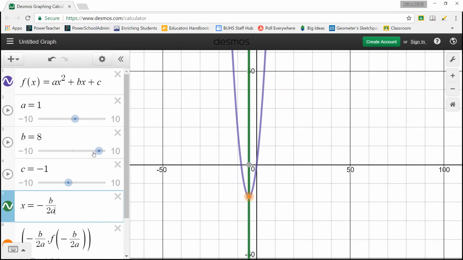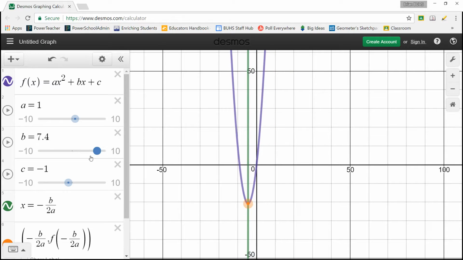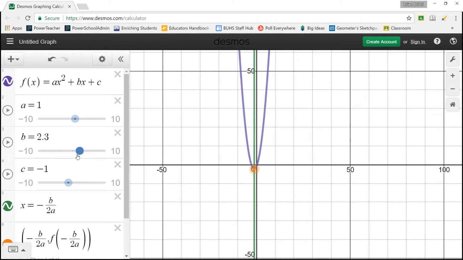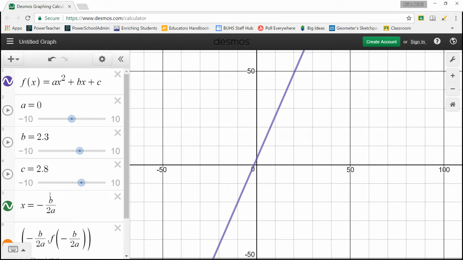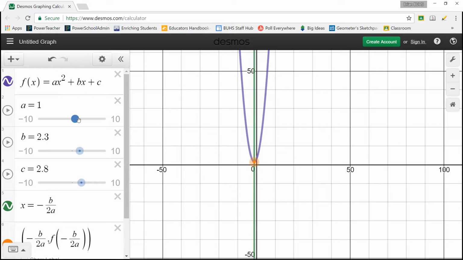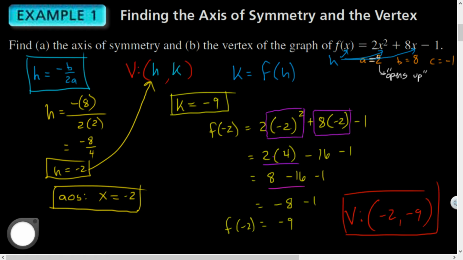And let's see, if I change this around, yeah, look at the vertex and the axis of symmetry track with it. Awesome sauce. Look at that. That's amazing. Vertical shifts still work the same way. Amazing. Upside down, right side up. Yeah, so there's some visual buy-in. I just made it into a line by making a equal to 0. That makes sense, though. So there's some visual confirmation for us there.